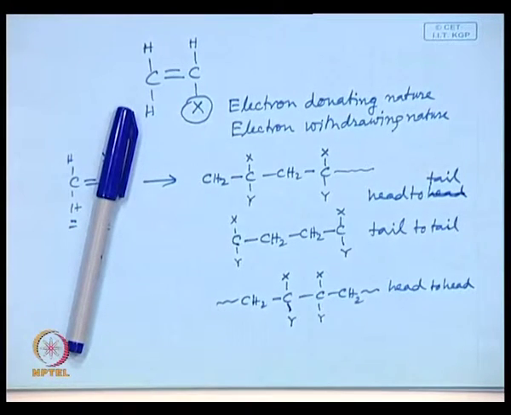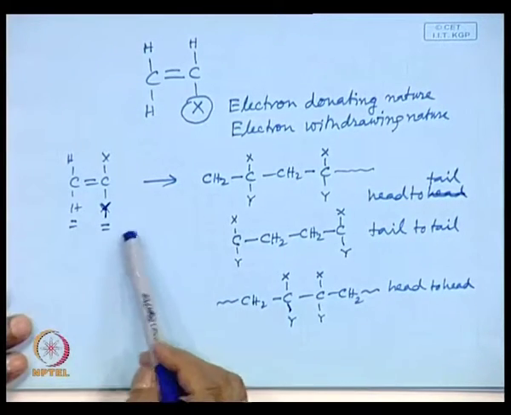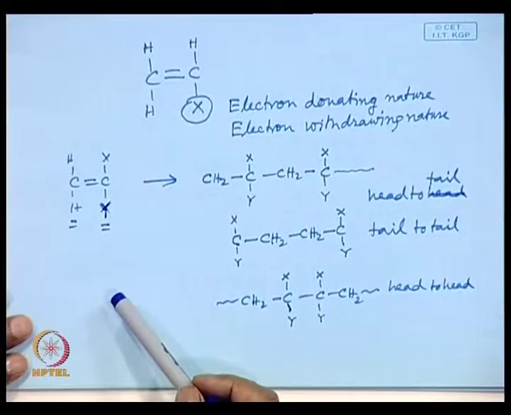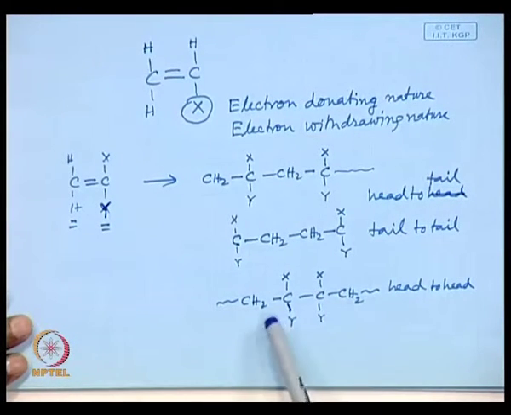When will it happen? Shift of charge or this radical addition, that is a different thing, but here you have to consider the steric aspect. Now, that depends on the size of these substituents.